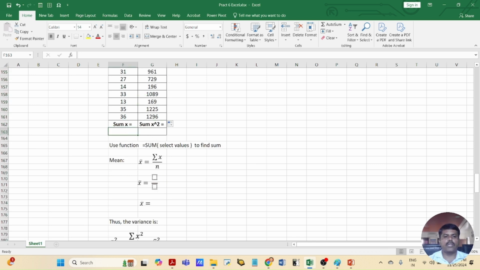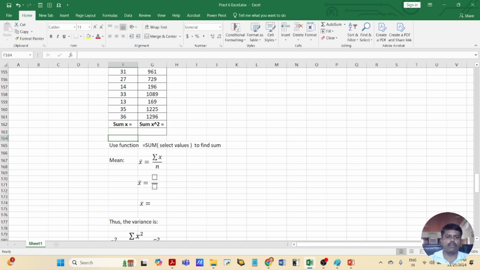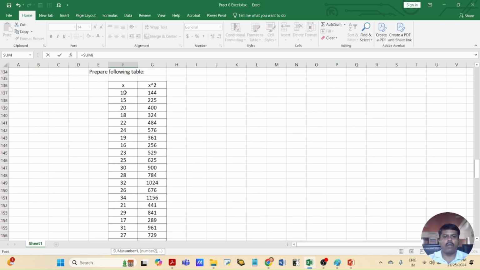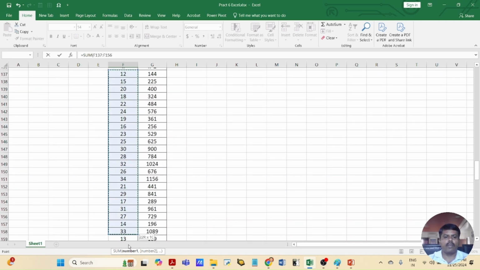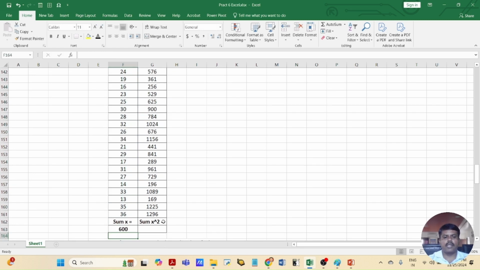Now find the sum of x values and sum of x square values. Use function sum, and select values under the x column up to the last row and press enter.